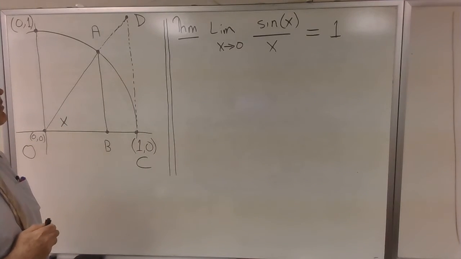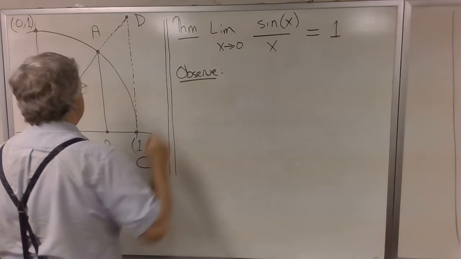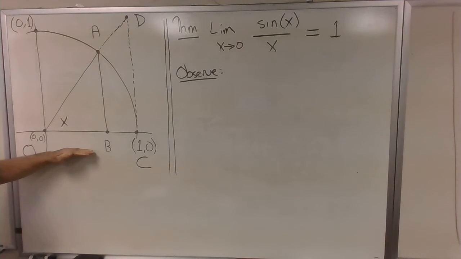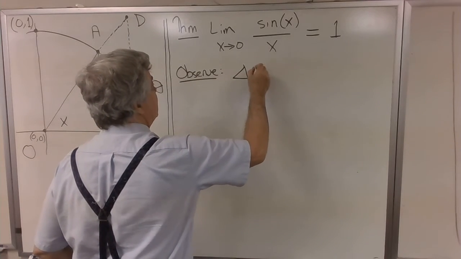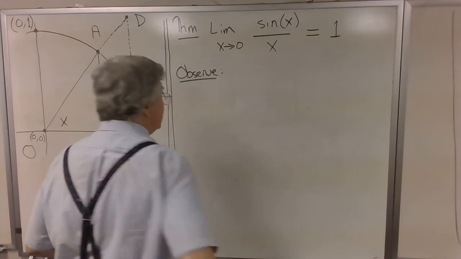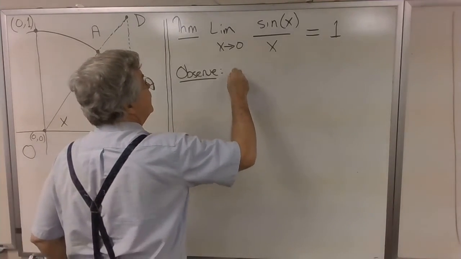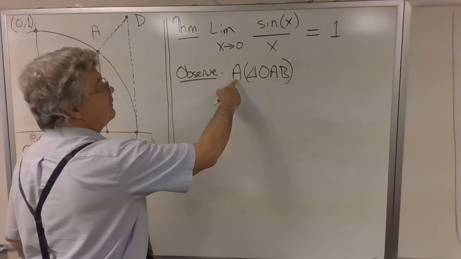Now, here is our proof. And our proof has to do with this unit circle. A for area.